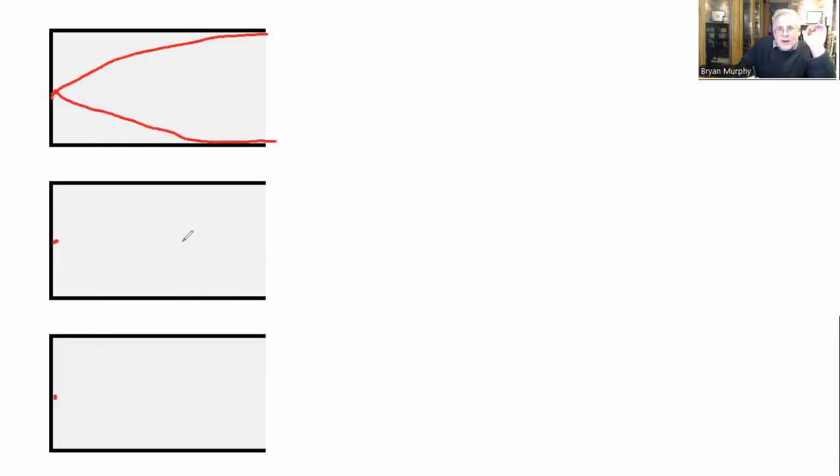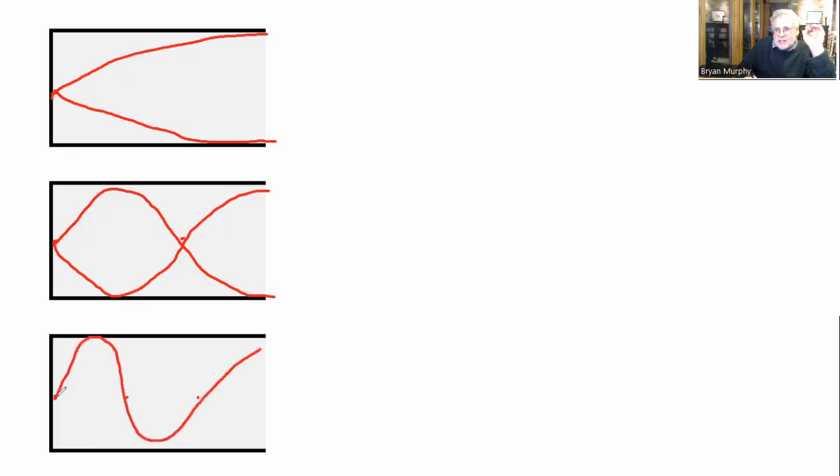Then the next one up is going to have one node in the middle, slightly tricky to draw. And then you have an antinode at the end like that. And then the next one, you have two nodes in the middle, but never mind, you get it.